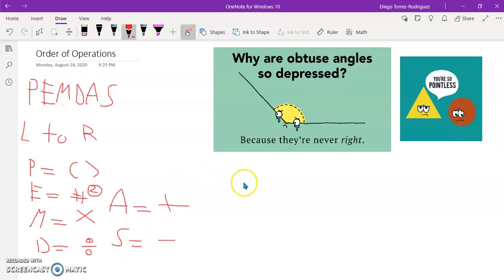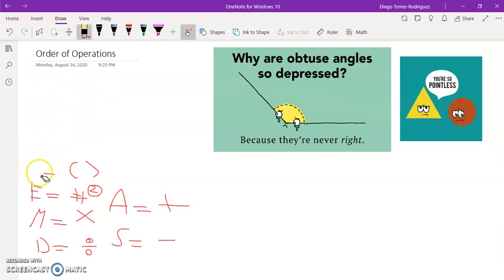Therefore, every time you encounter an order of operations problem, you will read the problem and observe if there is any of these in the problem from left to right. Therefore, you will see the problem and solve it. Now, I will erase this to show y'all our first example of this lesson so that y'all can get a better understanding of what we are going to do.